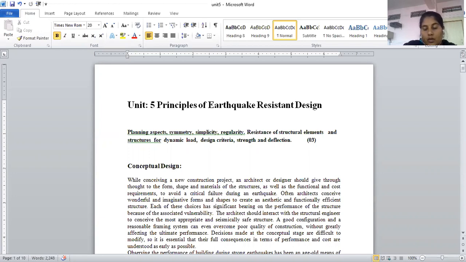By resisting all the forces, the building should be without failure, and all parts should act with structural integrity, so that failure is reduced in our building whenever the dynamic loads are coming.